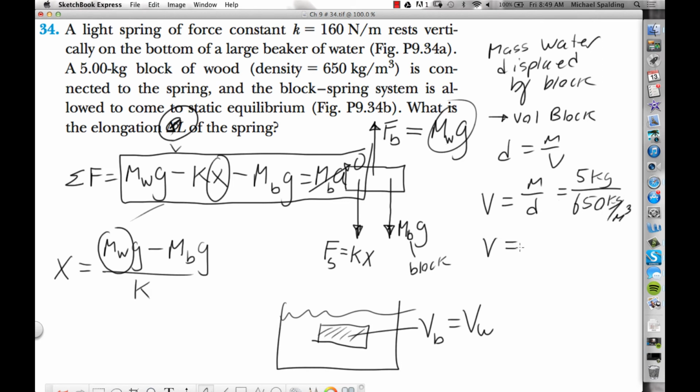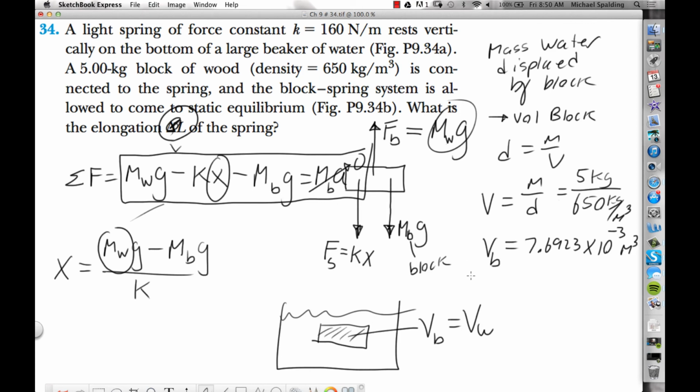So the volume of the block turns out to be 7.6923 times 10 to the negative third cubic meters. That's the volume of the block.